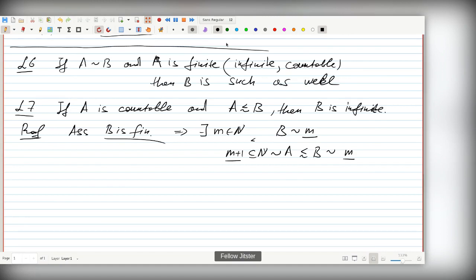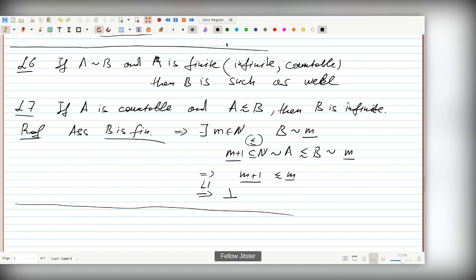Of course, here we have embeddability. So M plus 1 is then embeddable into M, contrary to our lemma 1, contrary to the pigeonhole principle. So every set whose part is countable is necessarily infinite.